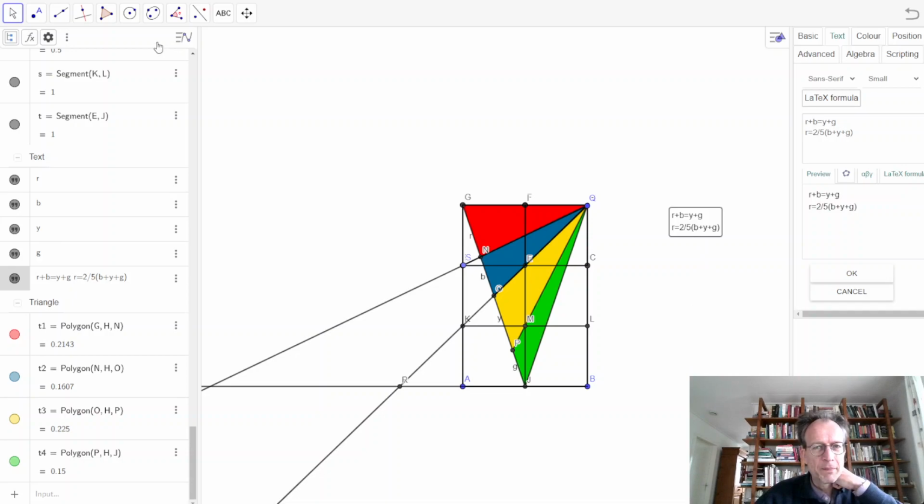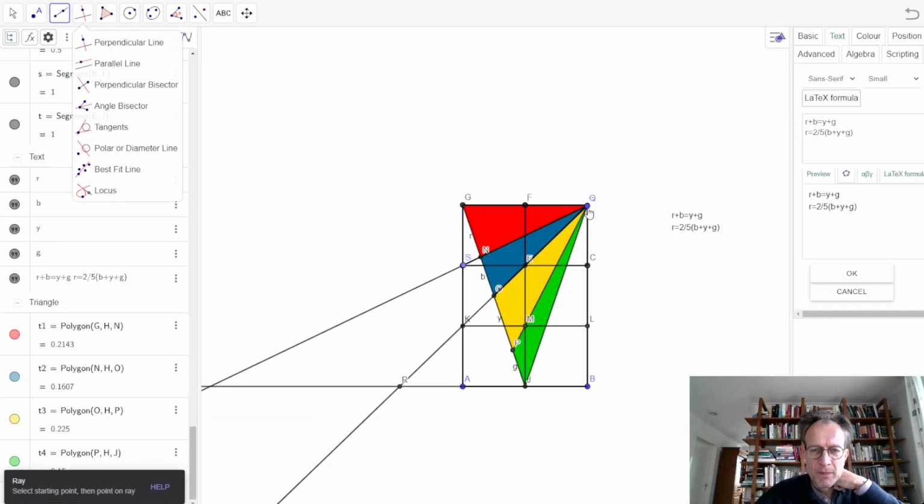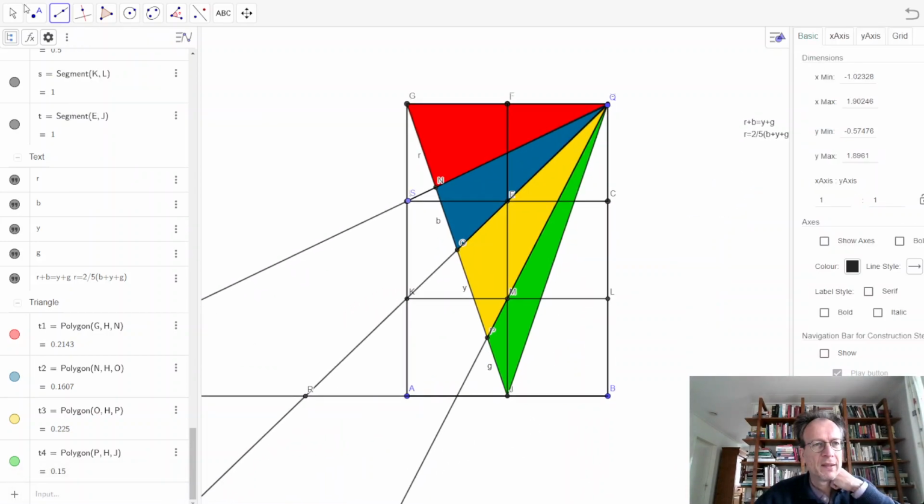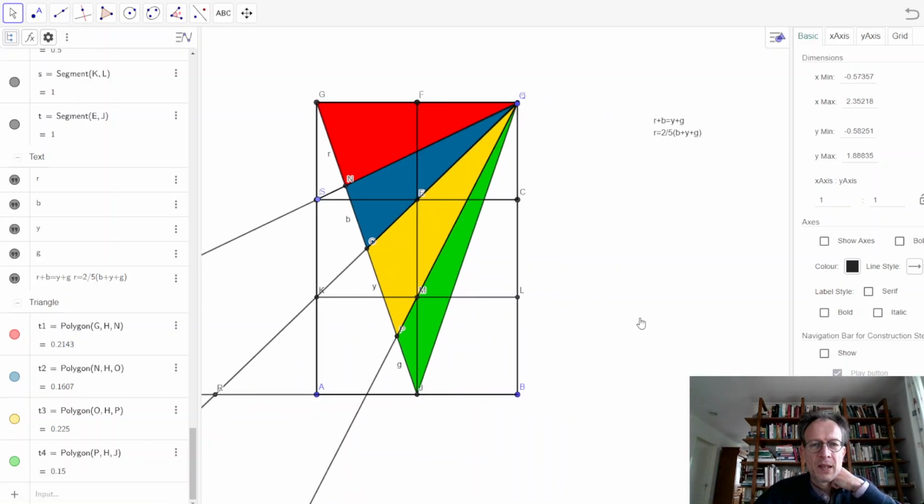Well, finally, we find a third equation from extending this. I can now again enlarge. Again, we have the triangle GQP, containing red, blue, and yellow, and it is similar to this little triangle over here.